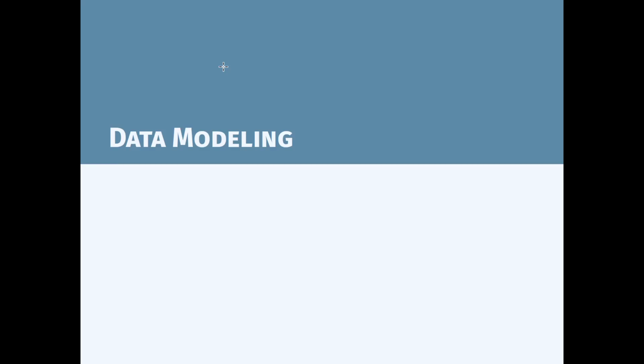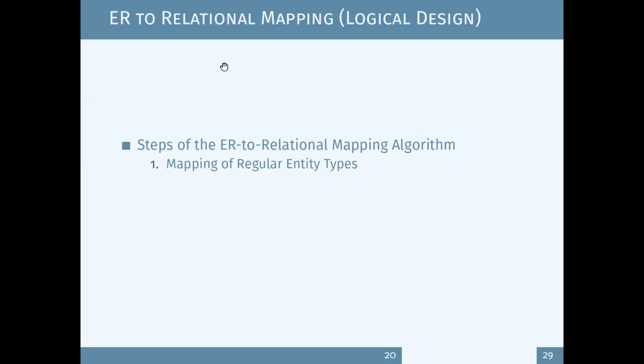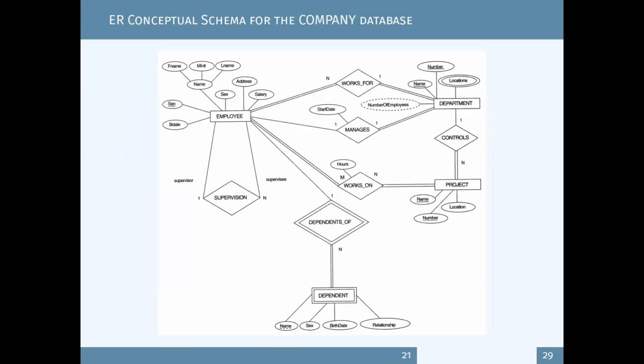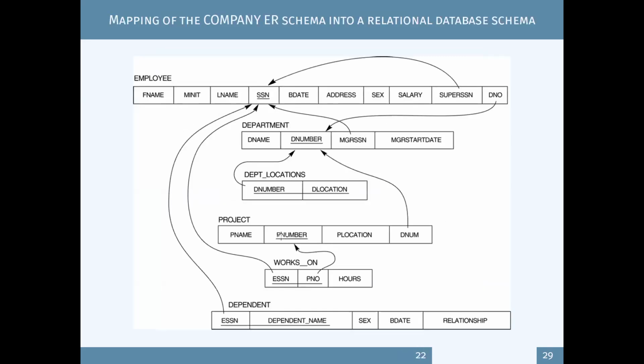So that means we need to convert our conceptual diagram. This is what we have discussed, right? We need to convert this into a set of relations or tables like this. Don't worry about all these lines. I'm going to explain that, that's what we are going to discuss in this section, right?